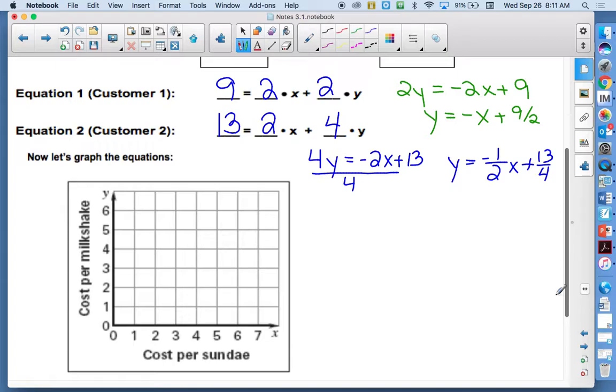So this one's a little harder to graph because we are dealing with decimals, fractional values. So this is when the calculator might be beneficial to help us see where they connect with each other. So the first one, 9/2, is 4.5.